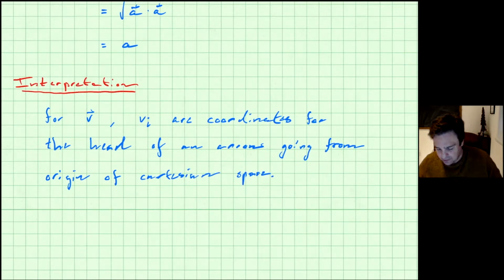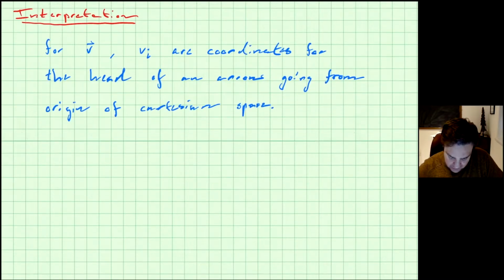So it's probably better to say Cartesian coordinates: there are the Cartesian coordinates for the head of an arrow that had its start at the origin.